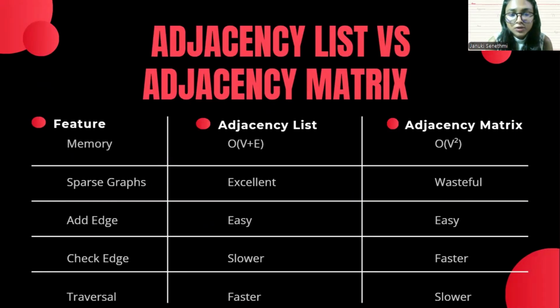The adjacency matrix allows us to check whether an edge exists very quickly. However, it requires much more memory because it stores information about every possible connection. On the other hand, adjacency lists only store existing connections, making them much more memory efficient. As a general rule, use adjacency list for sparse graphs and use adjacency matrices for dense graphs where many connections exist.